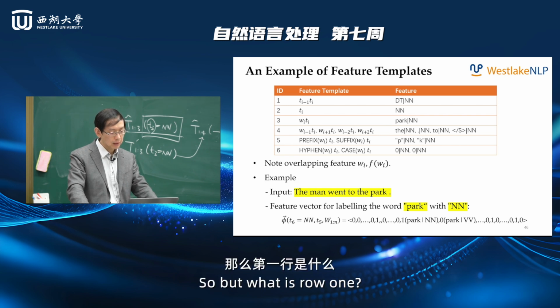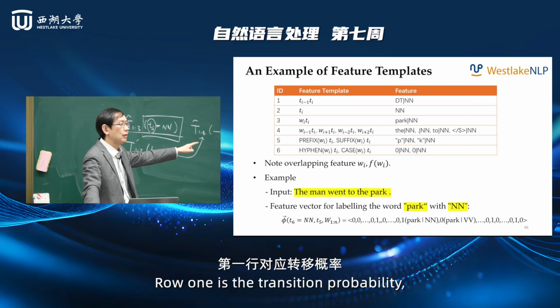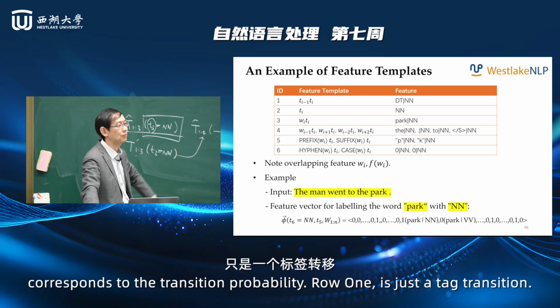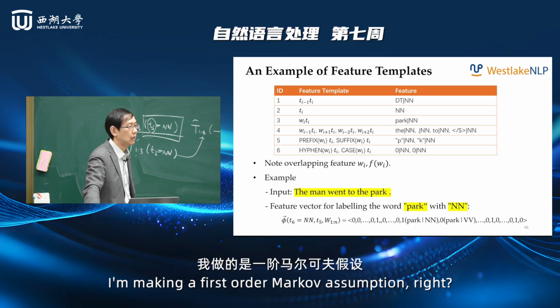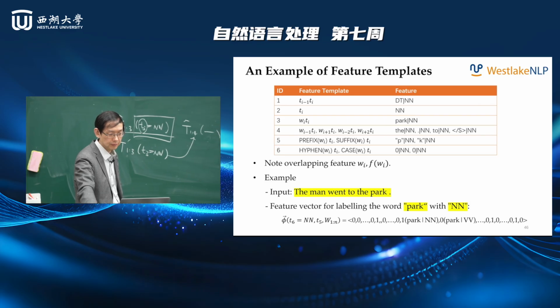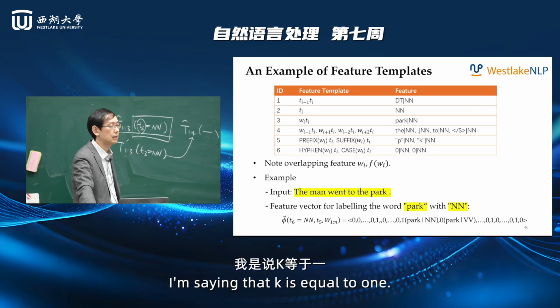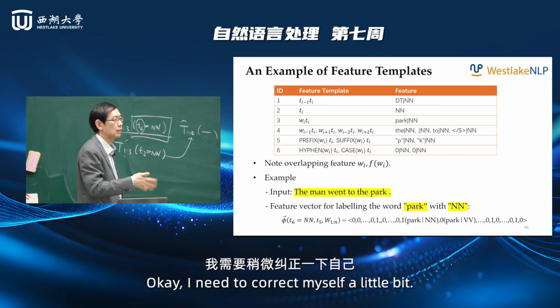But what is row 1? Row 1 corresponds to the transition probability. Row 1 is just the tag transition. And here, what kind of Markov assumption am I making? I'm making a first order Markov assumption. I'm saying that k is equal to 1. I need to correct myself a little bit.